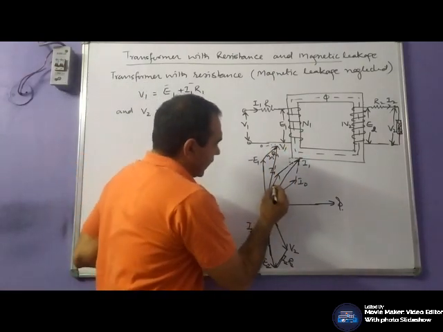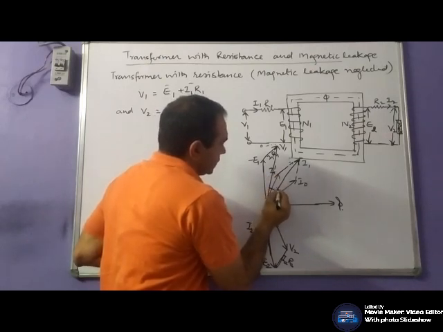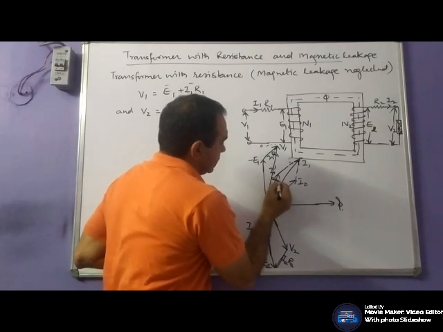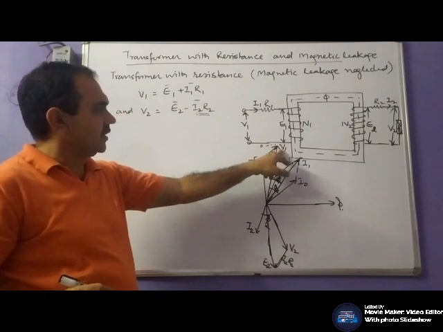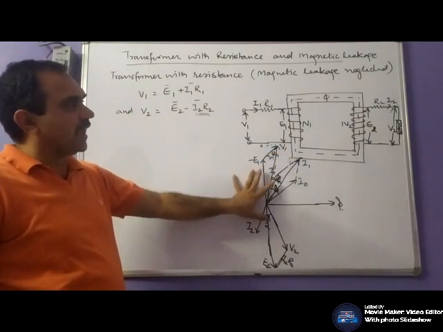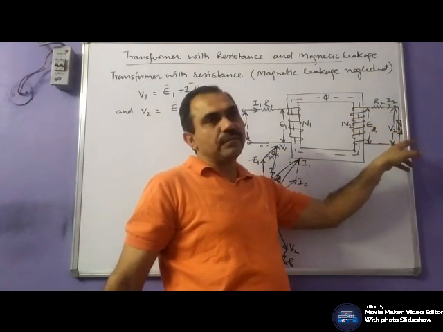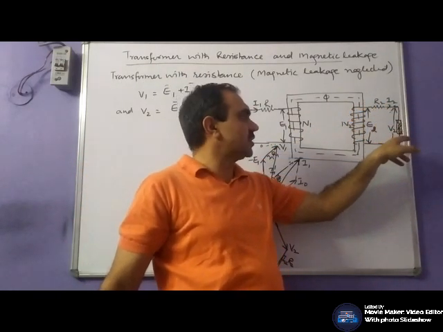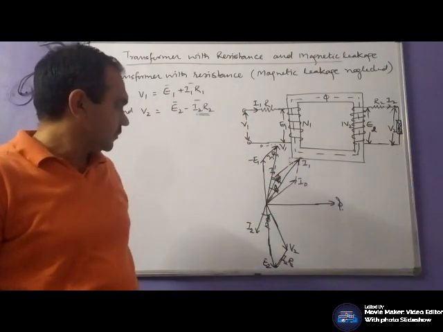Now you can represent the angles. This is V1, this is phi naught, and this is phi 1 between I1 and V1. So this would be the phasor diagram when your current I2 lags the secondary terminal voltage V2, or your load is an inductive load.